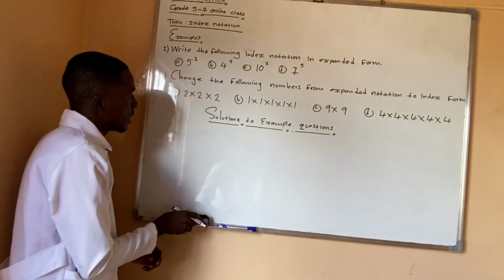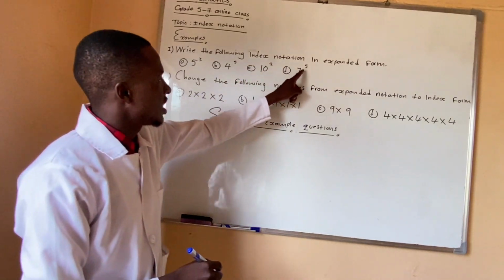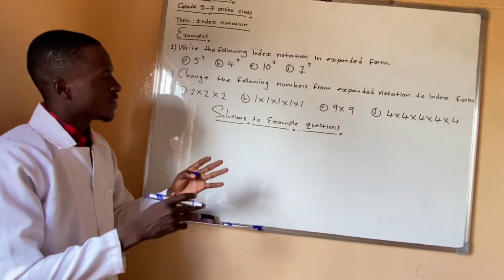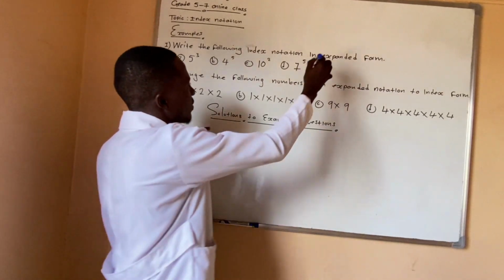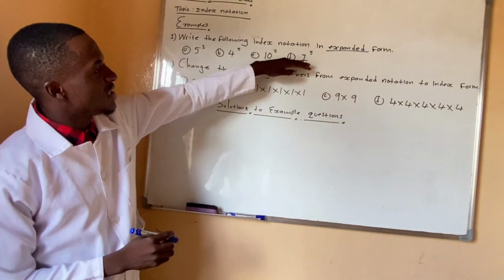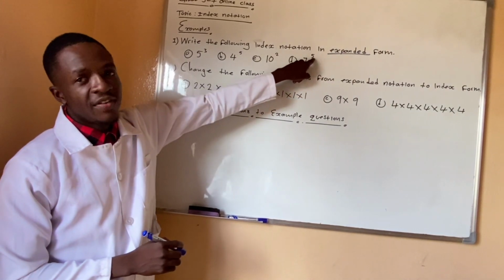The first one is saying, write the following index notation in expanded form. When they say expanded form, they are simply telling you to expand these ones. Have you seen D? It's 7 to the power 5.